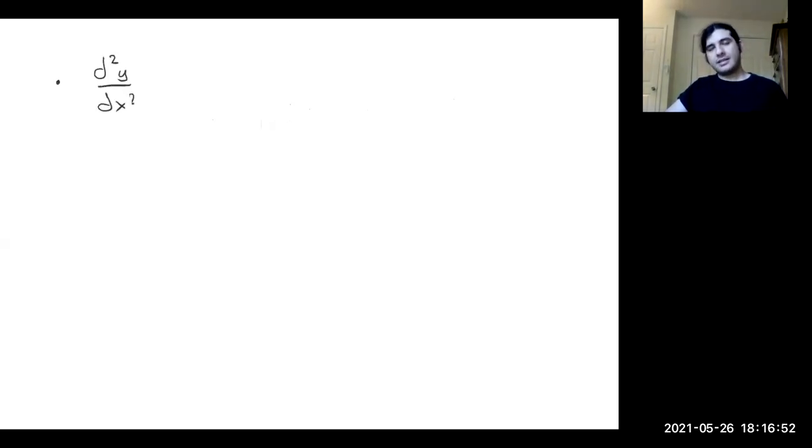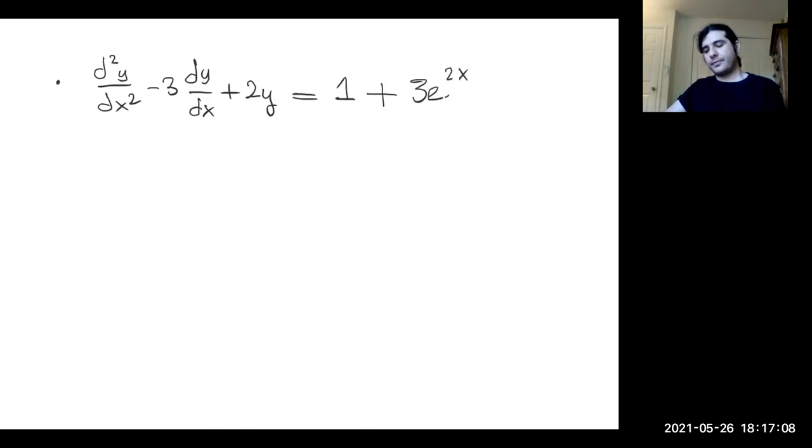Suppose the second derivative of y with respect to x minus 3 dy/dx plus 2y is now not just equal to 1, but equal to 1 plus something else, say 3e to the 2x. Now let's try to solve this one. Think about this one again for 2 or 3 minutes, and then I would solve it.